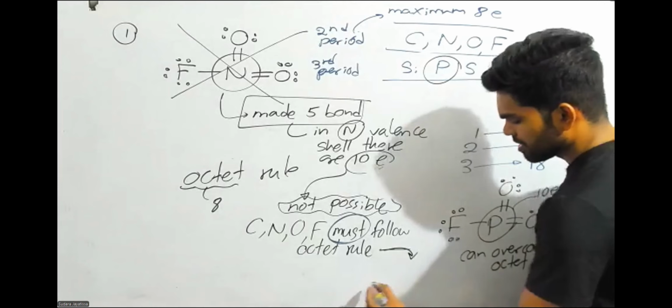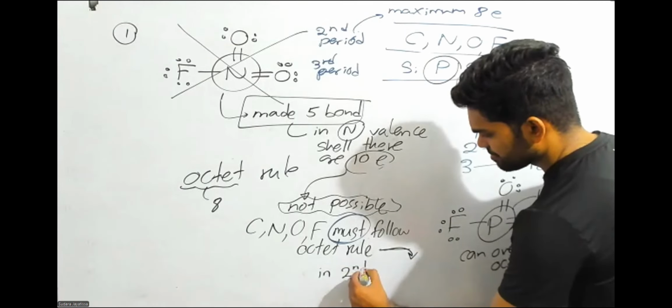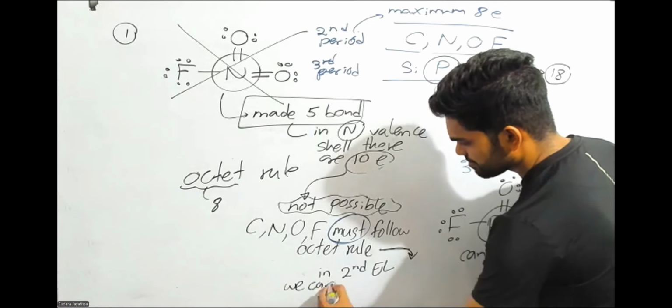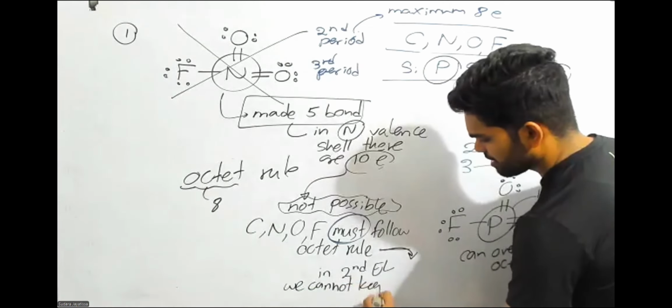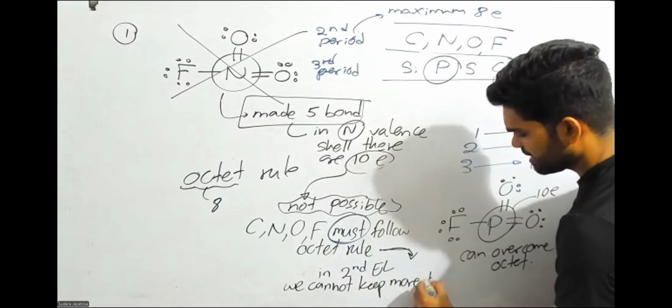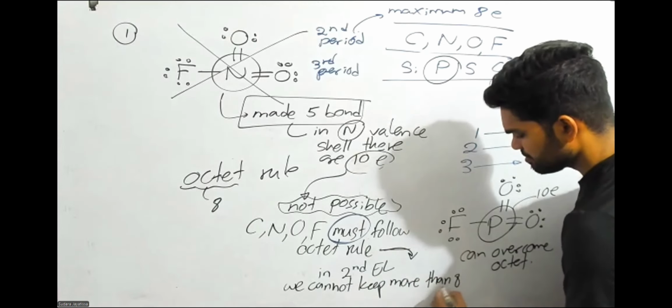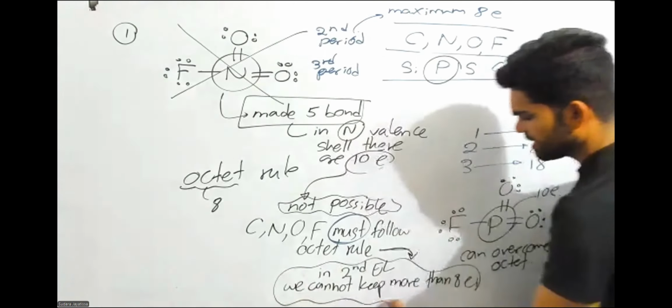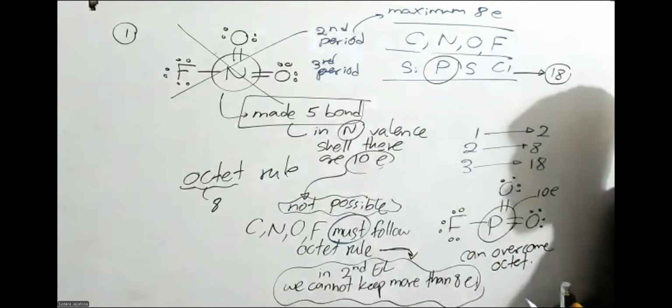You can say in the second energy level, we cannot keep more than 8 electrons. That is the reason.